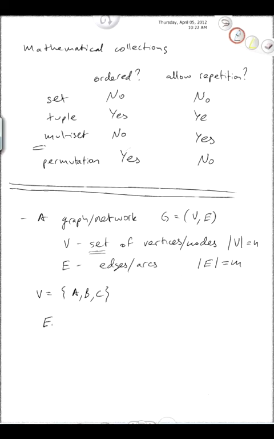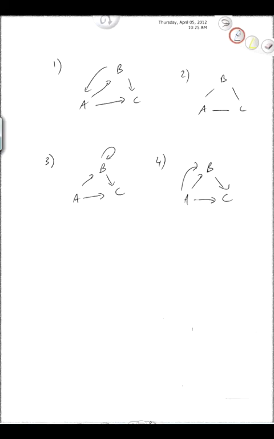But E, the edges or arcs of the graph, sometimes they're a set, and sometimes not. Let's take a look at these examples. In examples 1, 2, and 3, the edges are a set because there's no edge repetition. Every edge is different from every other edge.